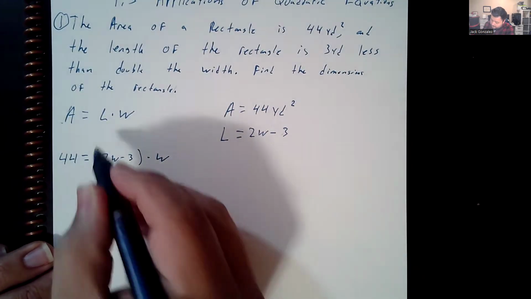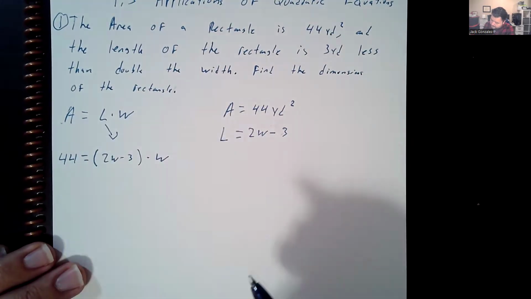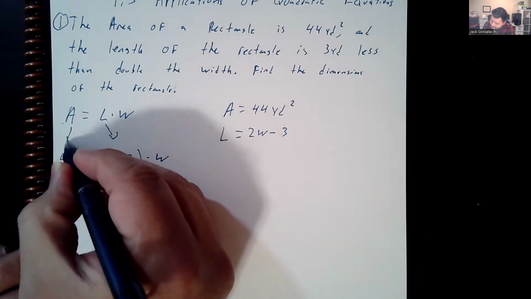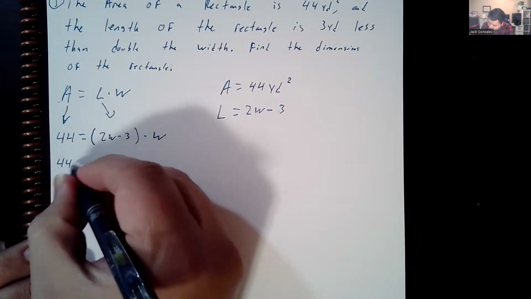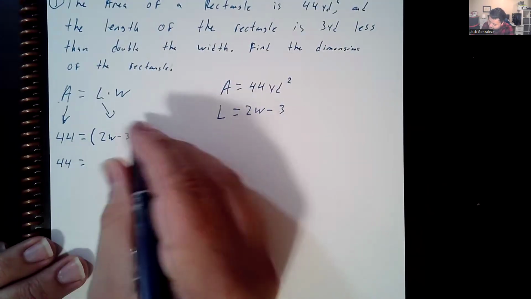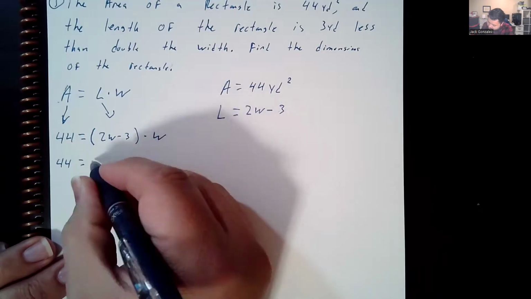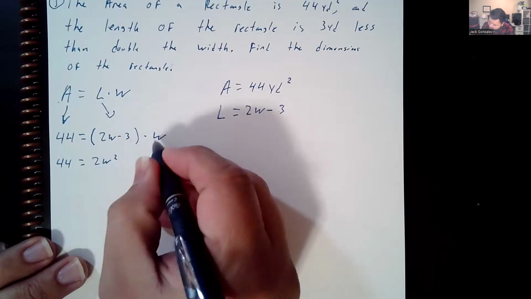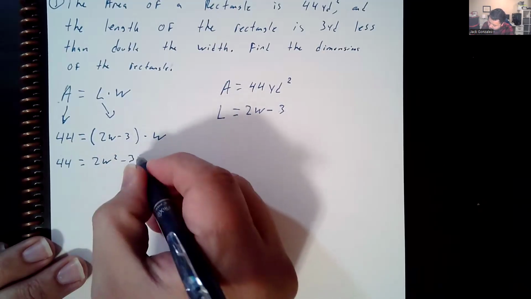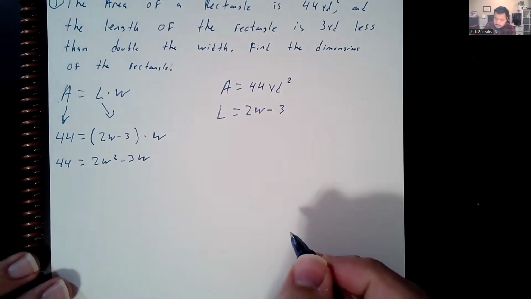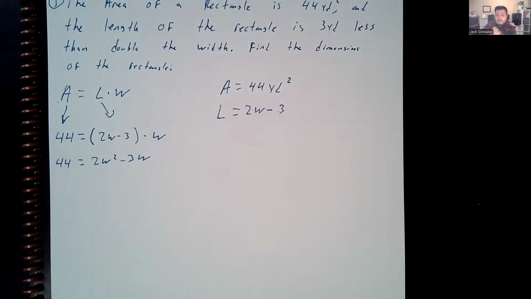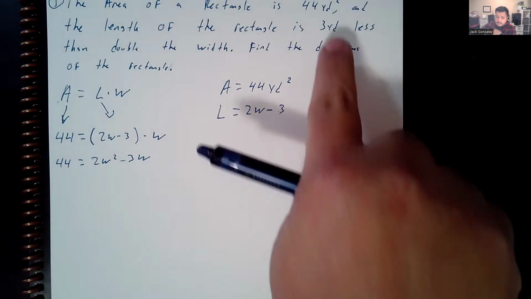So here's my L. Here's my A. So 44 is equal to 2. So distribute your W, right? W times 2W, W times -3. Here we go. Now we have a quadratic equation, which is what we wanted, right? We created a quadratic using this information.